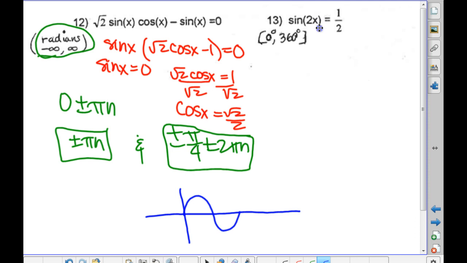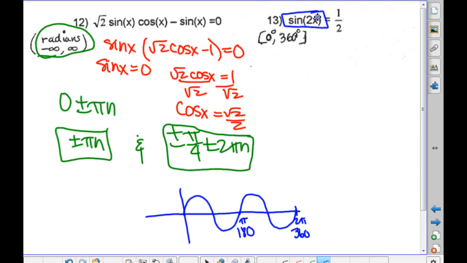It wants answers in degrees, but let's just hold off on that. Think about radians for a minute. What is the sine of 2x graph as? What's the period? Pi, which is equal to how many degrees? 180. So if we have to go out to 360, it looks like this. Everybody good?